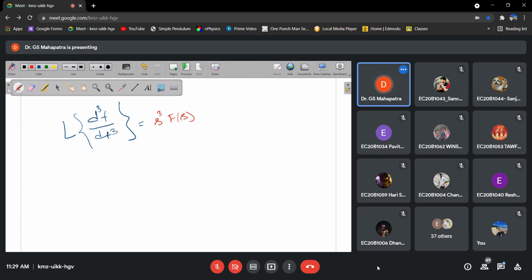capital F of s. Correct. Minus s square, what you told? f of 0. Then minus s f dash of 0, minus f double dash.